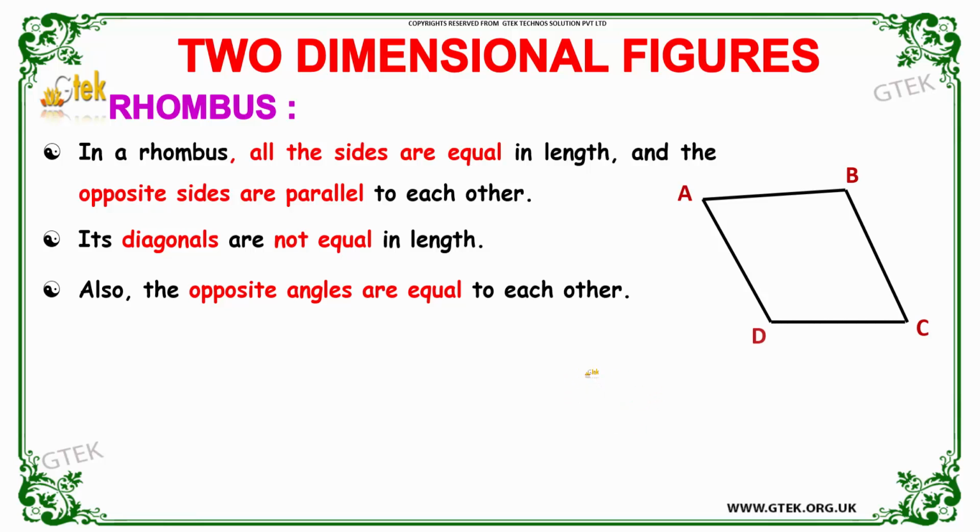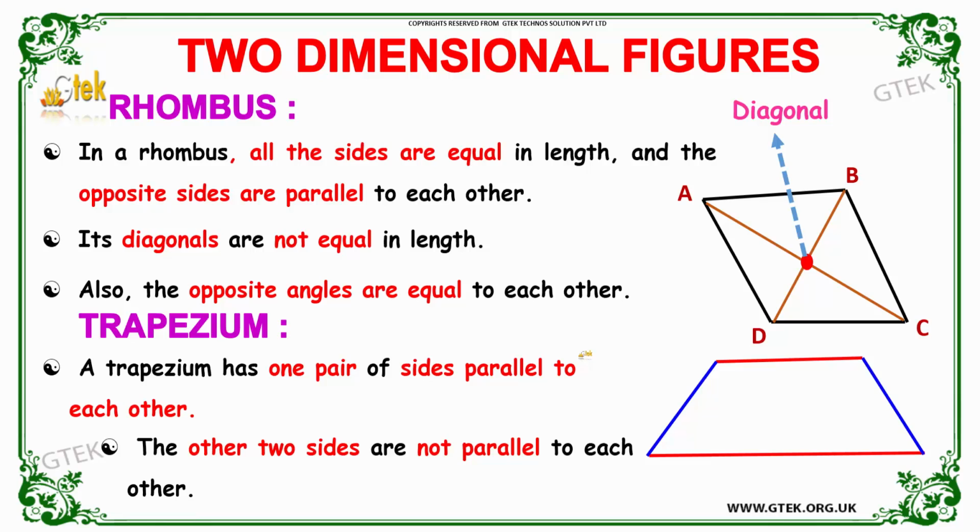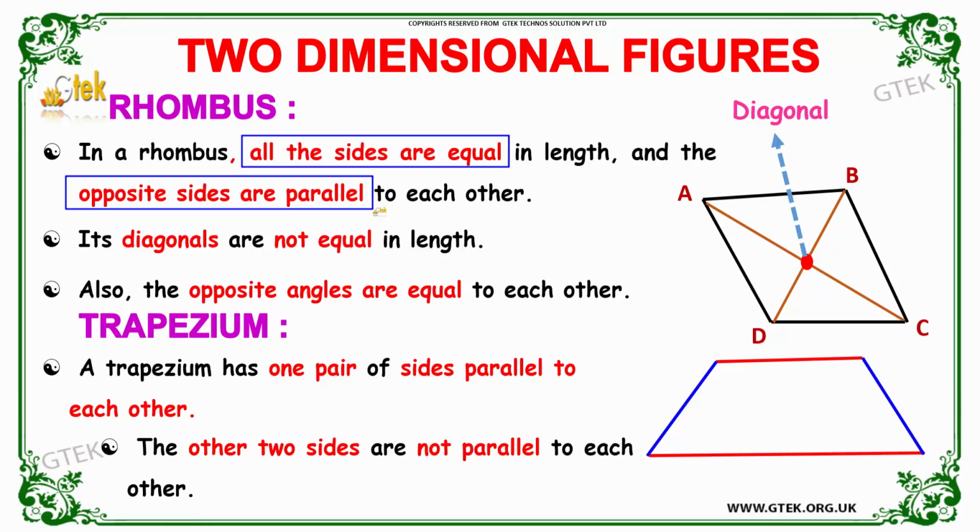Next we are going to discuss about rhombus. In a rhombus, all the sides are equal in length and the opposite sides will be parallel to each other. But the diagonals are not equal in length.